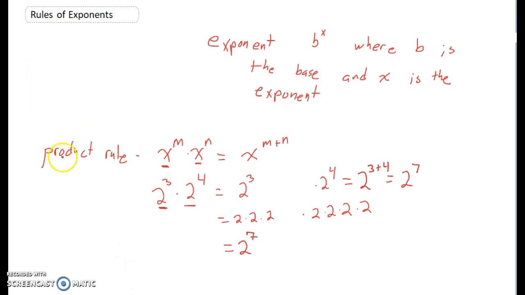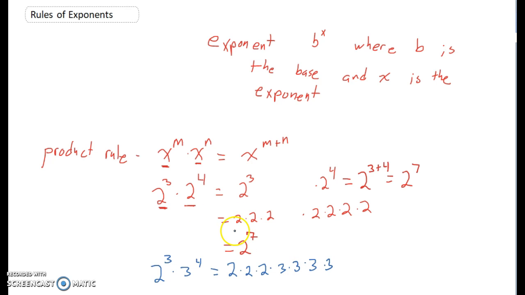If by chance we had something else, and let's say we had 2 to the third times 3 to the fourth, so now our bases are different. This is the same as 2 times 2 times 2 times 3 times 3 times 3 times 3.